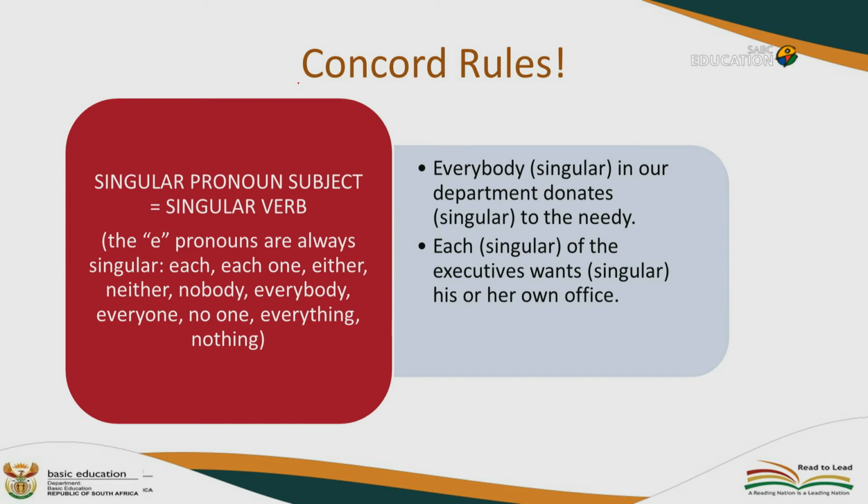And then we've got singular pronoun subject, which we've done already. All the E pronouns are usually followed by a singular verb. Everybody in our department donates to the needy. Each of the executives wants his or her own office.